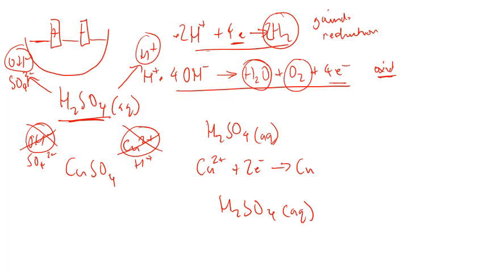So this actually proves to us that H2O has 2 hydrogens for every oxygen.